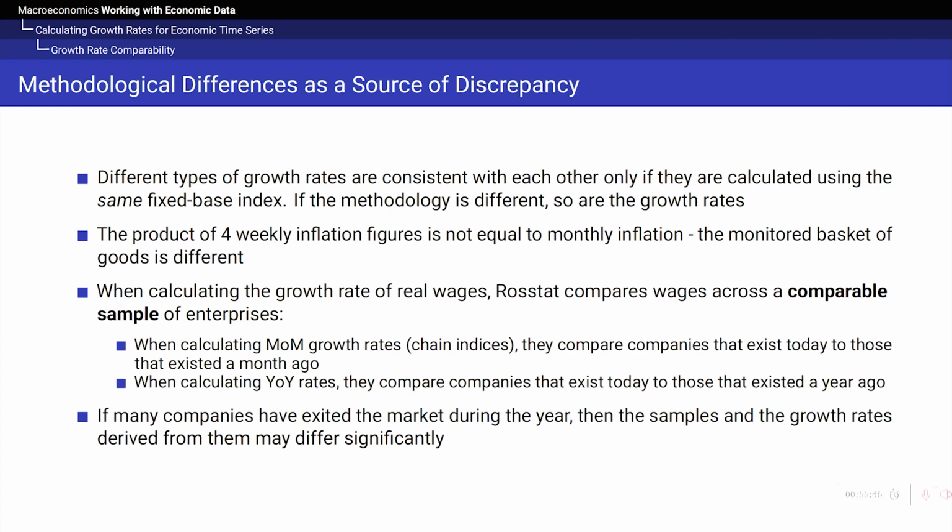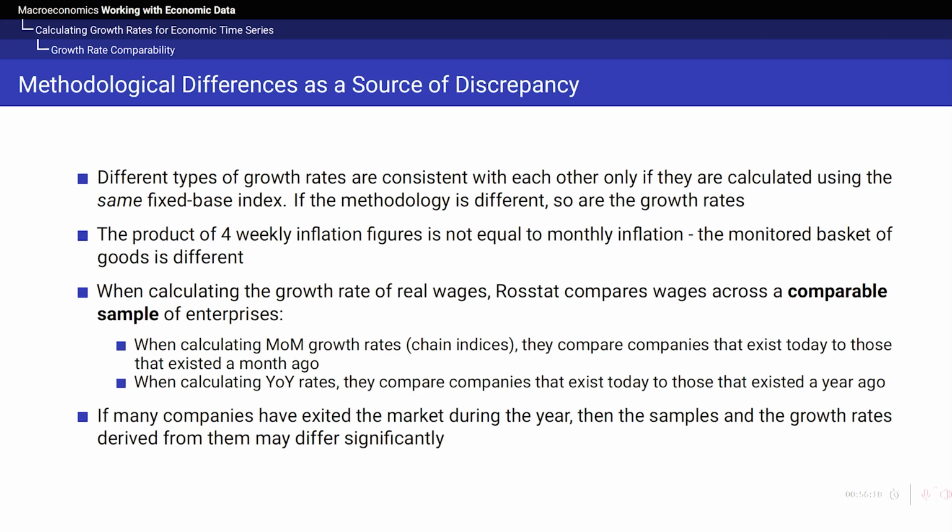So, when calculating month-over-month growth in wages, they compare companies which exist in this month and existed a month ago and see what was the dynamics of the real wage between them. When calculating year-over-year growth rate in wages, companies which exist now and existed a year ago are compared. Obviously, the samples need not be the same. That means that monthly growth rates will not add up to yearly ones.